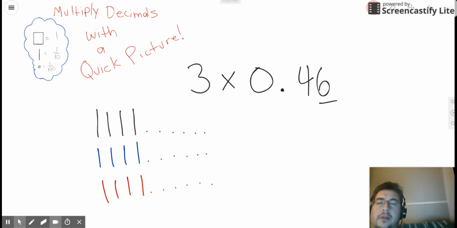And so now I have 3 groups of 46 hundredths drawn out. The next thing I want to do is combine all my like symbols together. So I want to put all my tenths together, and I'll put all my hundredths together.